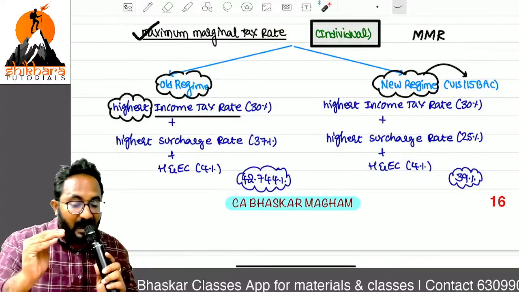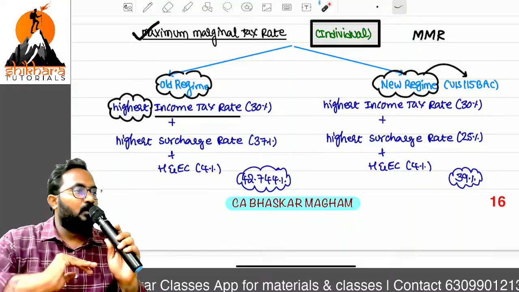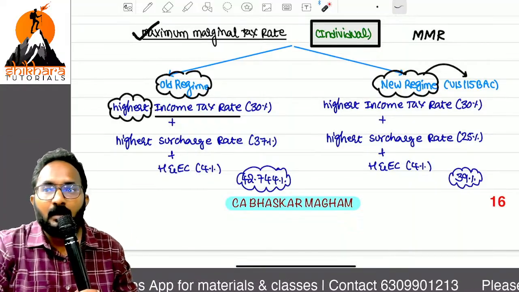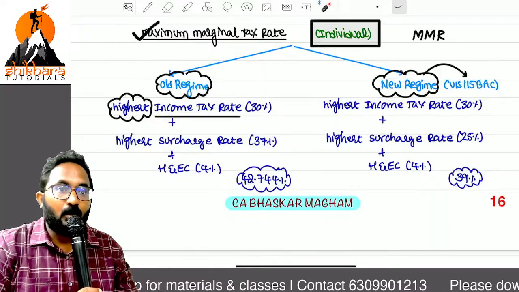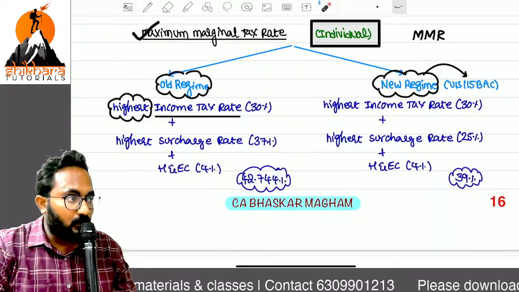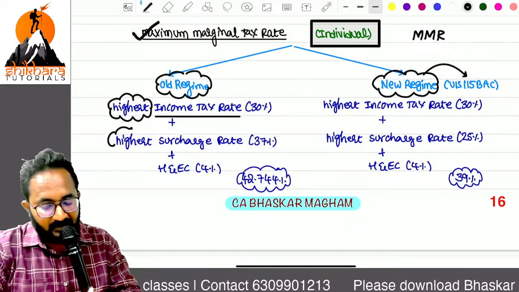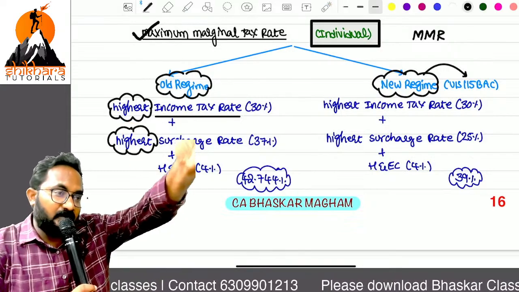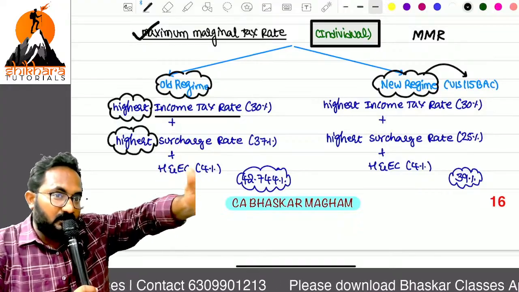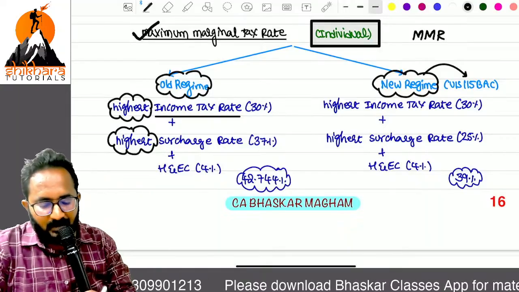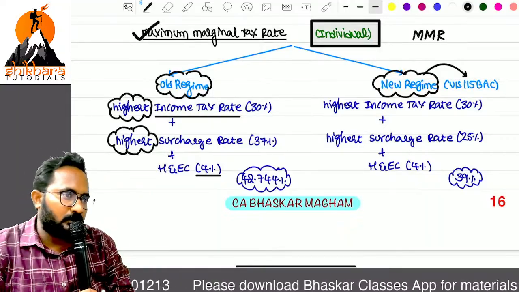Under the old regime, what is the maximum surcharge rate? 37. More than 5 crores, then we have to apply 37. That's why we took 37 only. Generally we have 10, 15, 25, 37; out of these we take the highest one. Health and education cess is common for all, that is 4%.